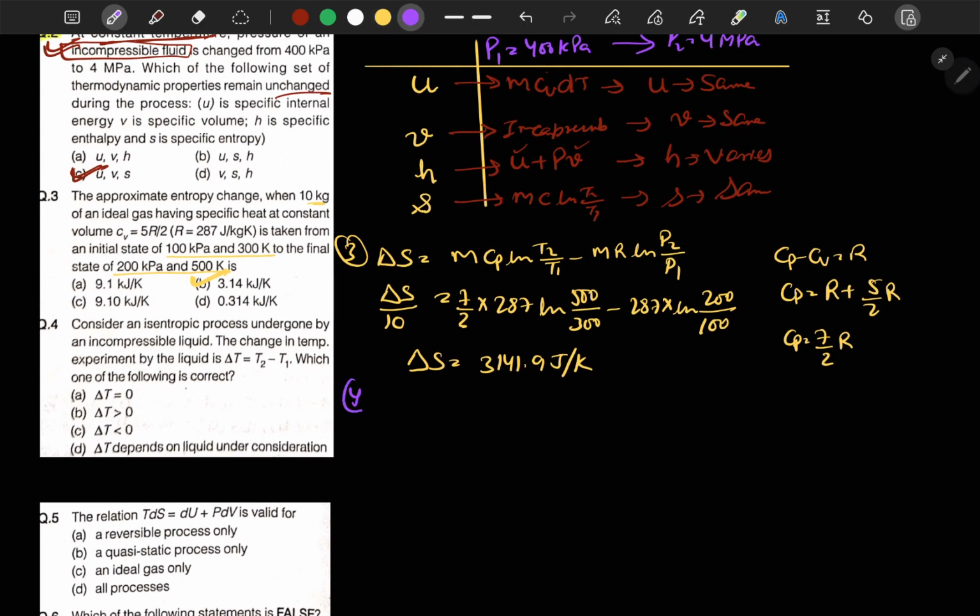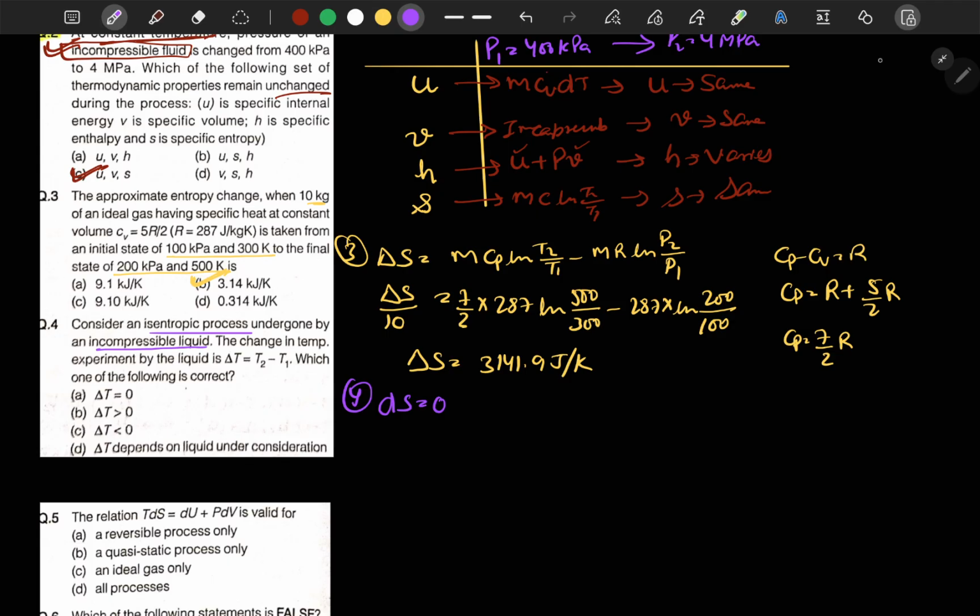It is mentioned here: consider an isentropic process undergone by an incompressible liquid. The change in temperature of the liquid is delta T equal to T2 minus T1. Which of the following is correct? Since the liquid is incompressible and the process is isentropic, for an isentropic process we write ds is equal to 0.